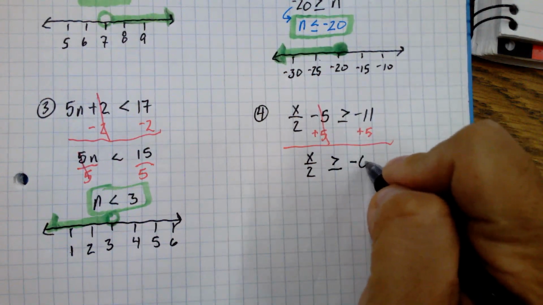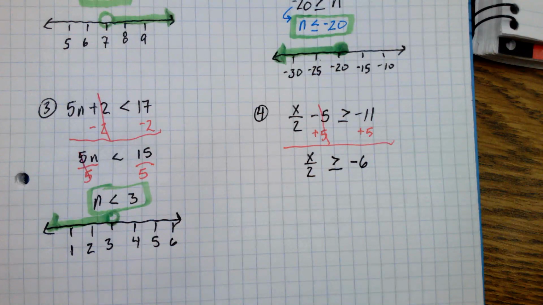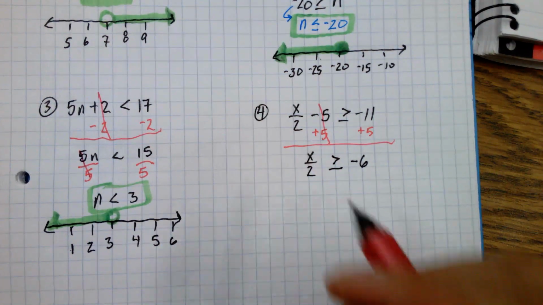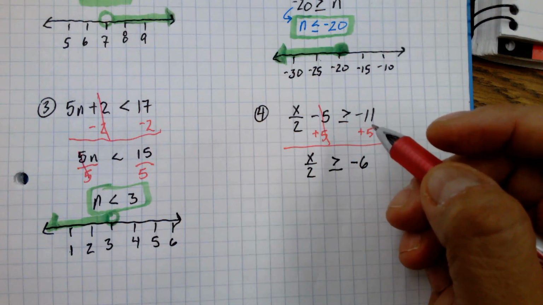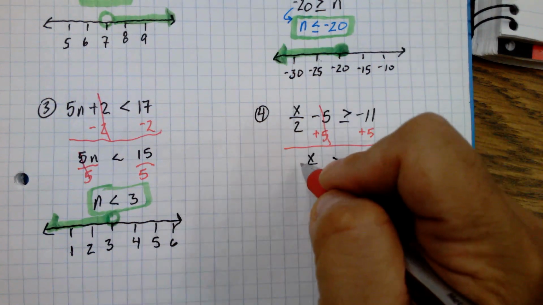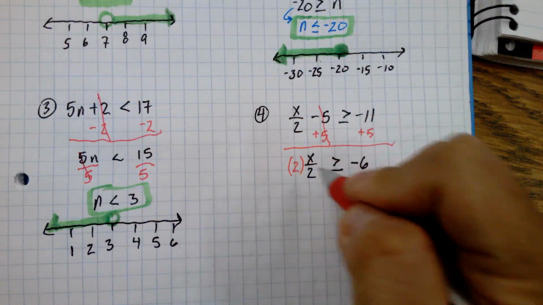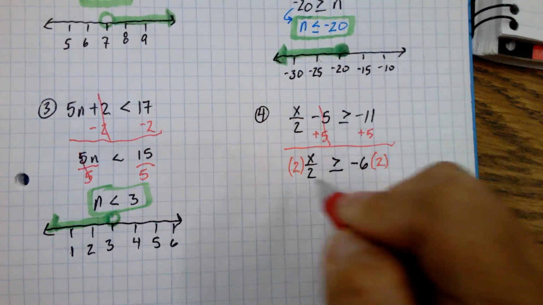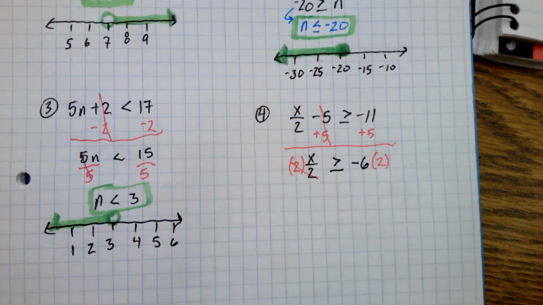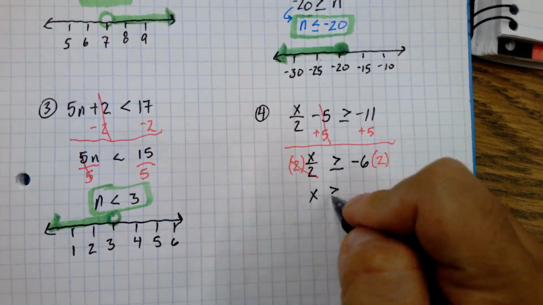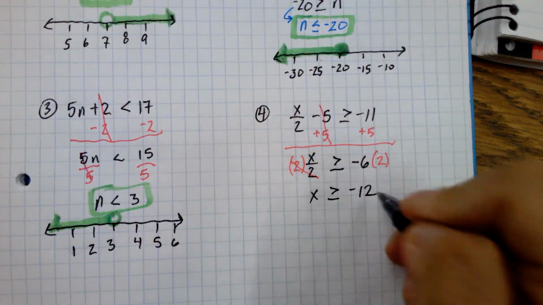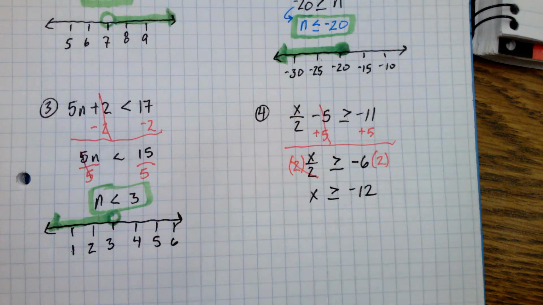Negative 6. And now we'll just get rid of that 2 by dividing or multiplying? Multiplying, yeah. Yeah, we could view that as division there, so we'll multiply. X is greater than or equal to negative 12. Okay. We didn't have to flip anything.